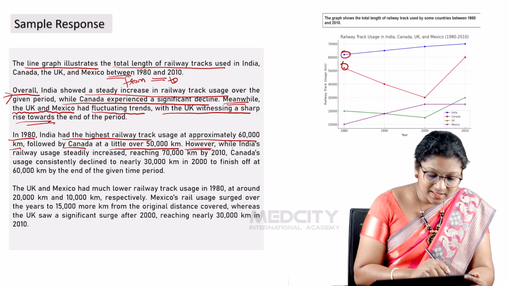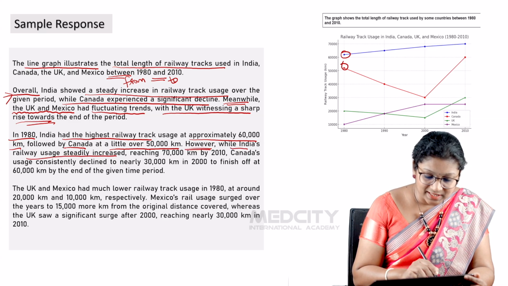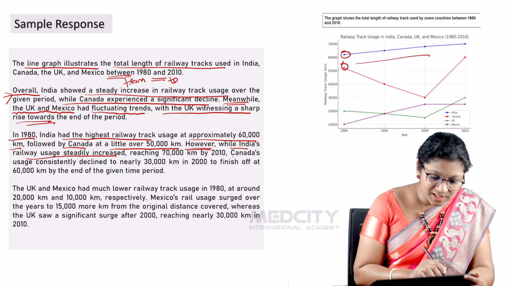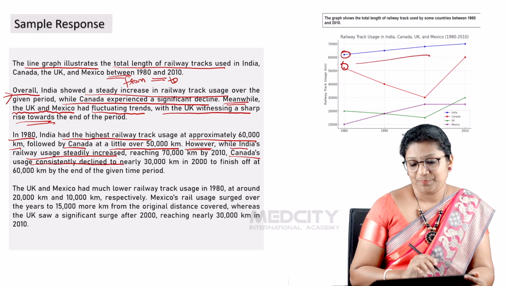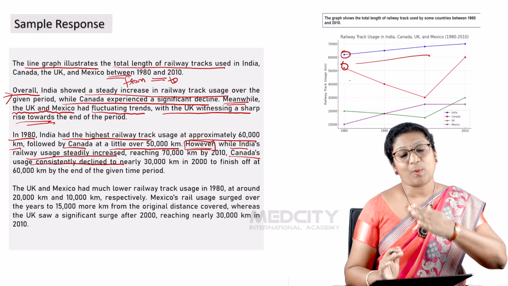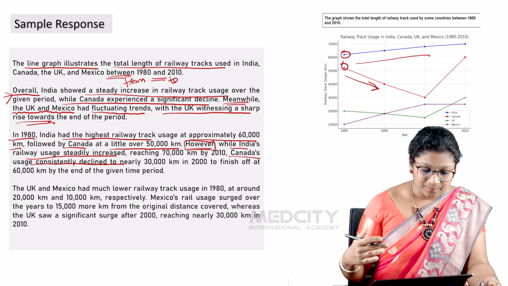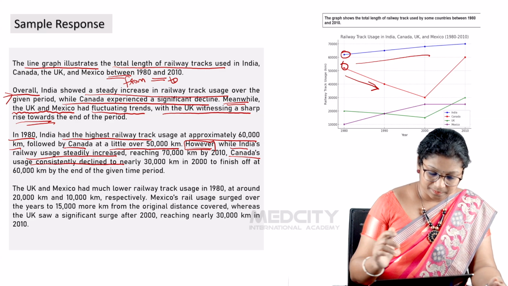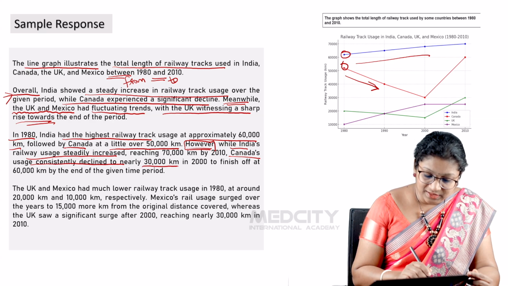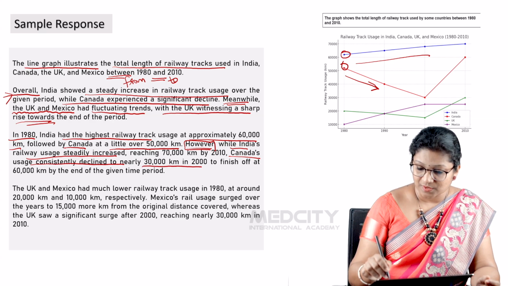However, while India's railway usage steadily increased, Canada's usage consistently declined. That's why I've used the word however, because there are two contrasting trends. While one showed a steady increase, the other showed a steady decrease, or a consistent decline, to nearly 30,000 kilometers in 2000.